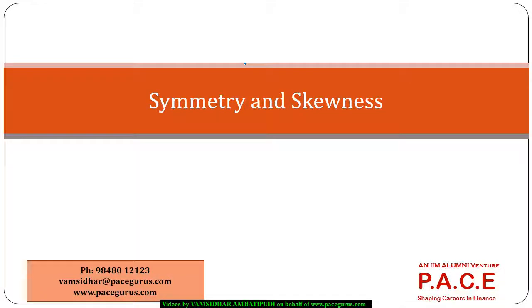In this session, I will be talking about an important measure of the shape of the distribution, the shape of the distribution of the data.